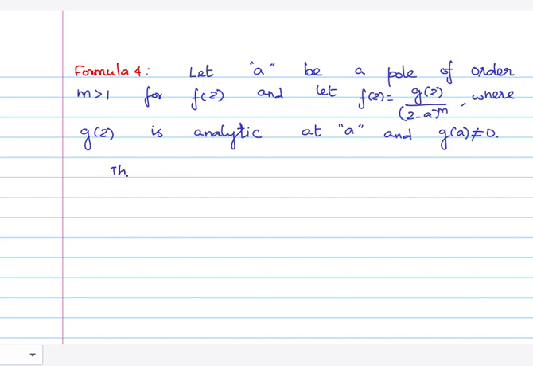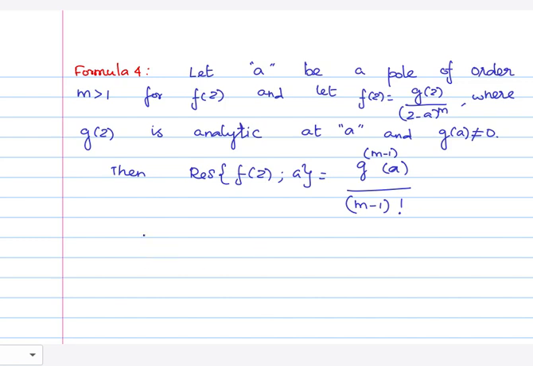then residue of f of z at a equal to, you want to take g of m minus 1 times derivative with respect to z at a divided by m minus 1 times factorial.